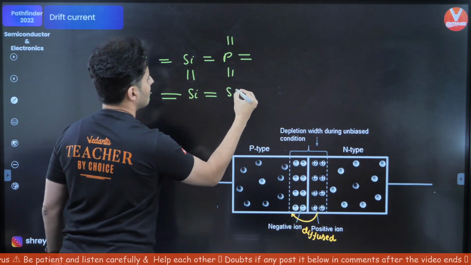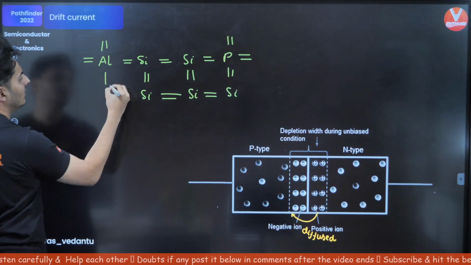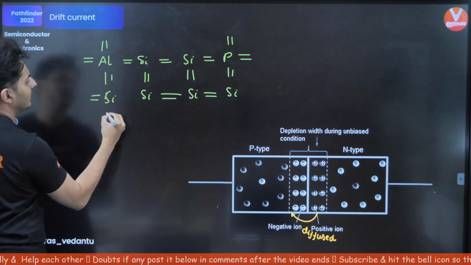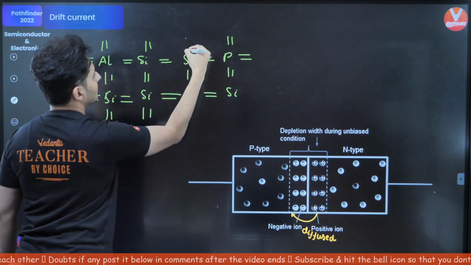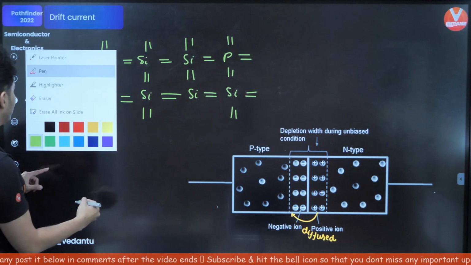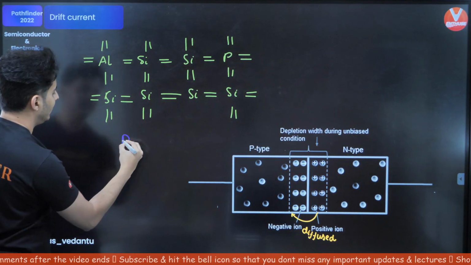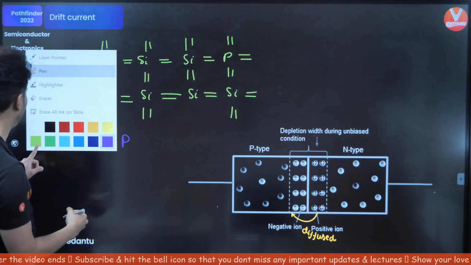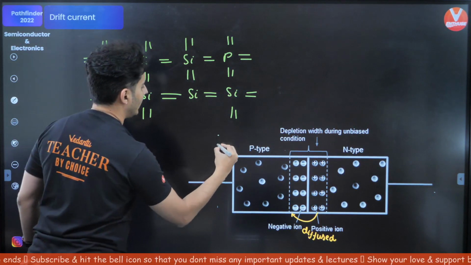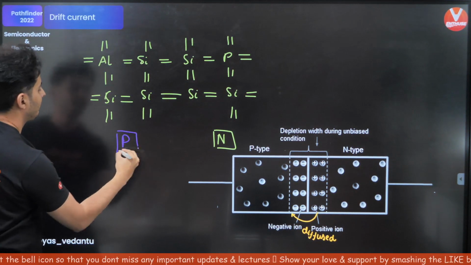And let's say here something like aluminum, a trivalent impurity. Fair enough. So you can clearly see that this side is your p side, and this side over there was your n-type, and this was your p-type.